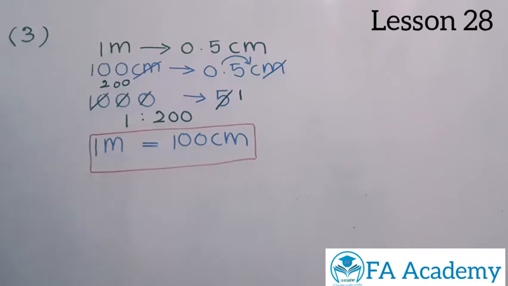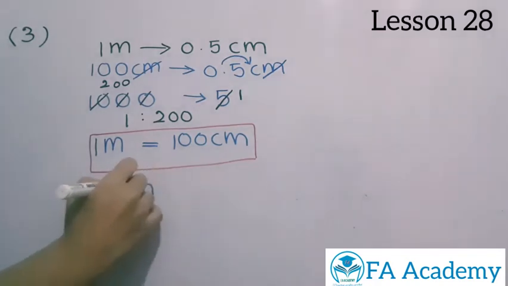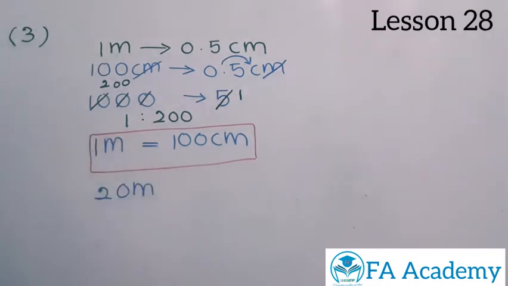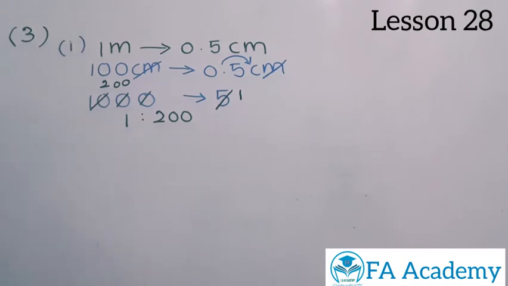Okay, so you know the actual length is how much? 20 meters. So for 20 meters, what length will you be taking to draw in your book? That you have to find. So this is the answer for the first one.